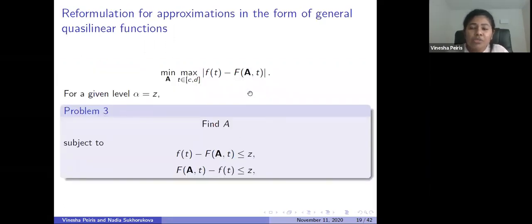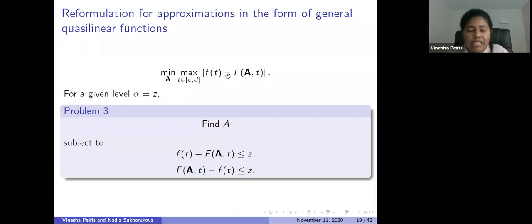Now we want to check if we can extend these results for approximations in the form of a general quasi-linear function. So we take a quasi-linear function f of a t, and the feasibility problem. Since f of a t is a quasi-linear function, the feasibility problem described by these inequalities gives convex sets.